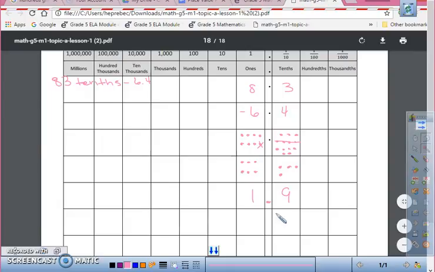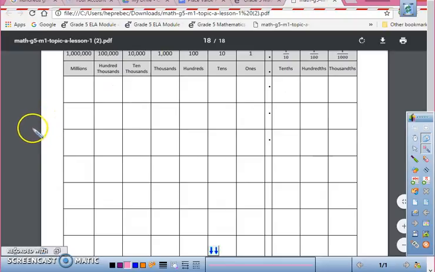Okay, we're going to go ahead and do some more examples. So I'm going to erase this. If I have the problem 831 thousandths and I subtract 292 thousandths, if I call it thousandths, the last digit will be in the thousandths place.